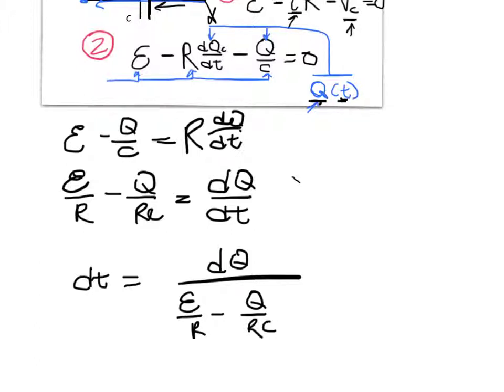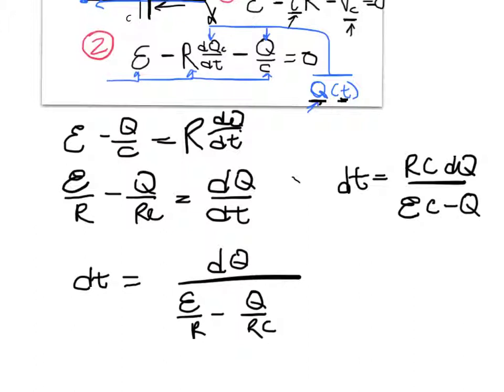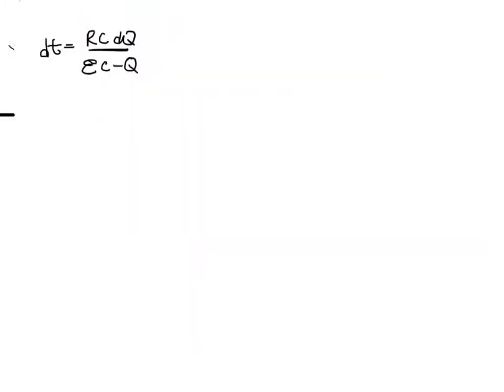And then maybe we can rewrite that as dt is equal to, if we multiply on the right hand side by rc, rc dq over EMF times c minus q. Okay, what do we do with this?